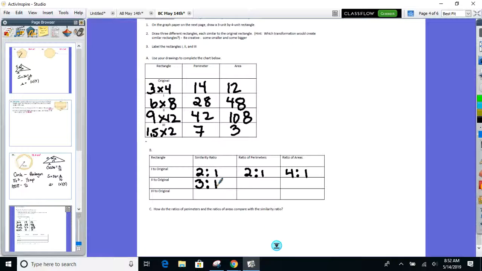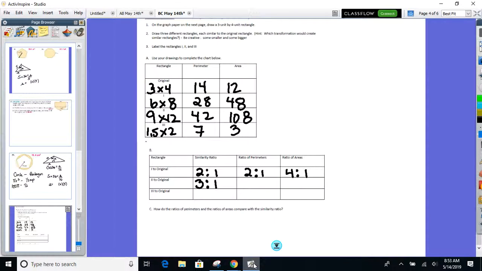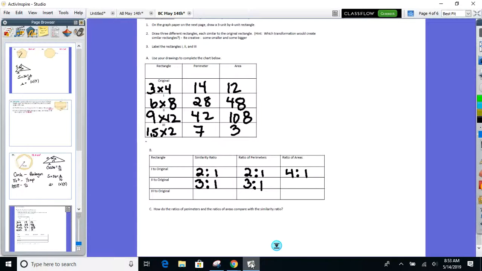Now everyone look at their perimeters, 42 and 14. Their ratios? 3 to 1. Now take their areas, 108 to 12. What do you got for me? 9 to 1. Anybody establishing a pattern maybe?